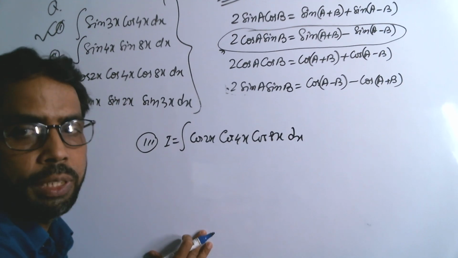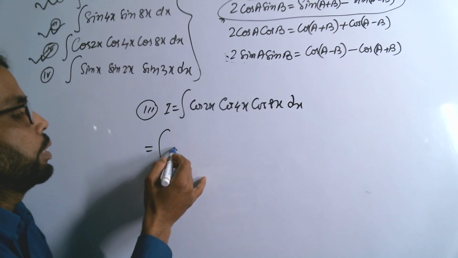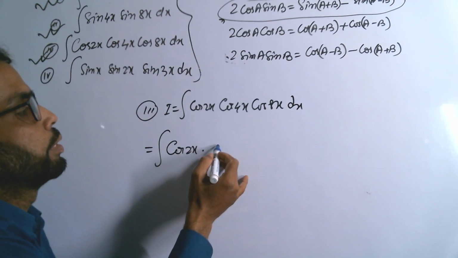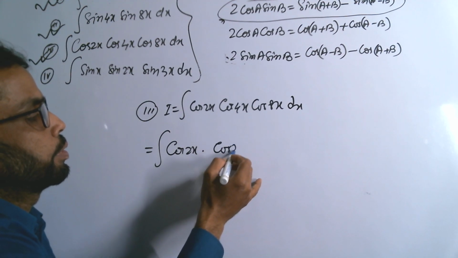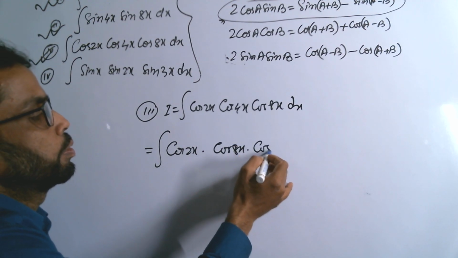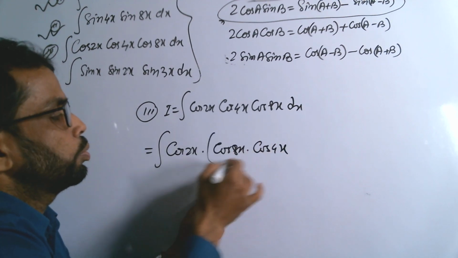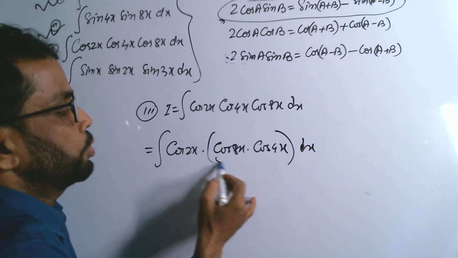We will take any 2 factors first. We can keep cos 2x as it is, and then take cos 8x and cos 4x, just interchanging, bringing the bigger one first. These 2 we can take together, and then we will apply the process.